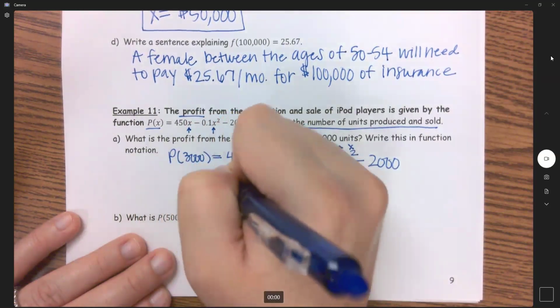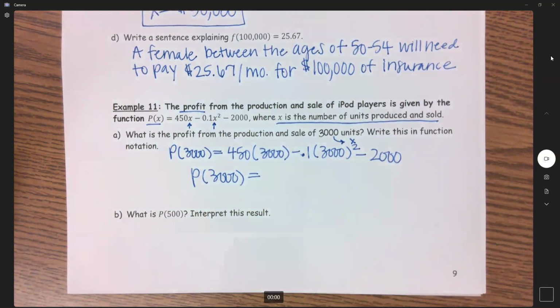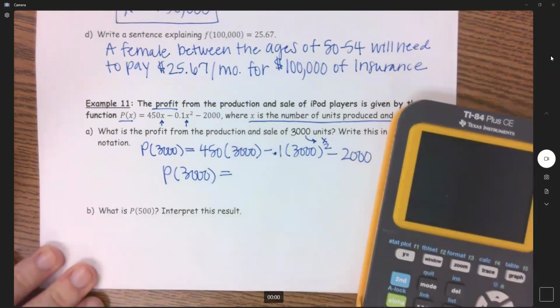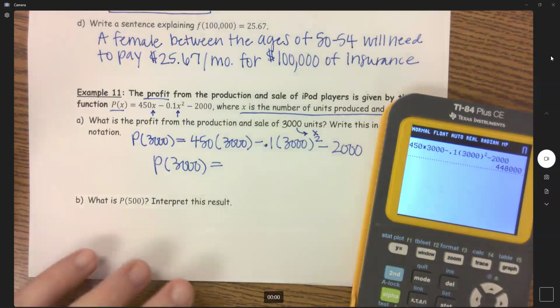This one, definitely calculator. Put that in our calculator here. And that looks right to me.